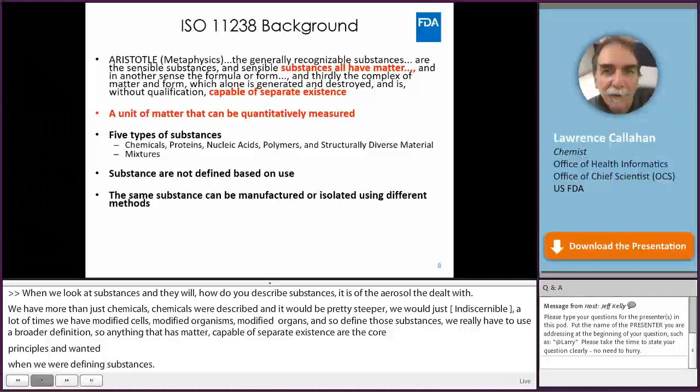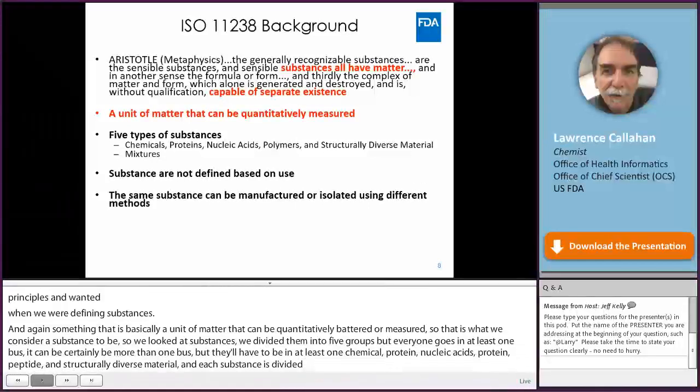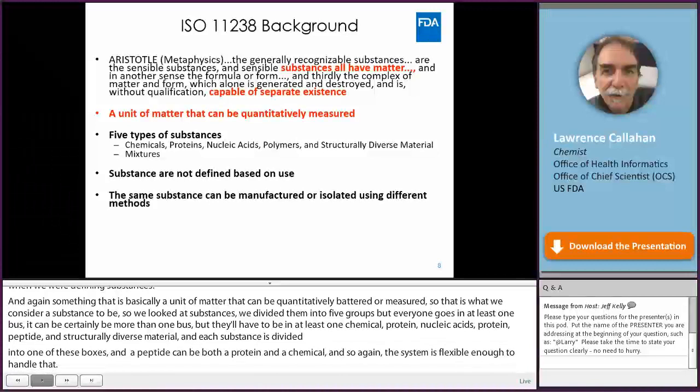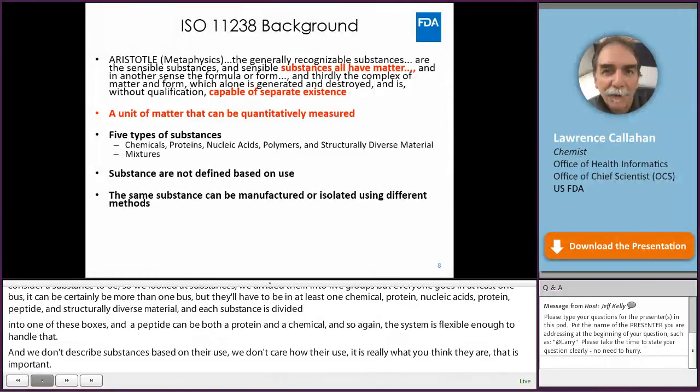And so the system is flexible enough to handle that. And we don't describe substances based on their use. We don't care how they're used. It's really what we think they are that's important. And the same substance can be manufactured or isolated using different methods. For example, salmon calcitonin can be made synthetically, or it could be made recombinantly, and it would be the same substance to us because you end up with the same sequence of a protein.